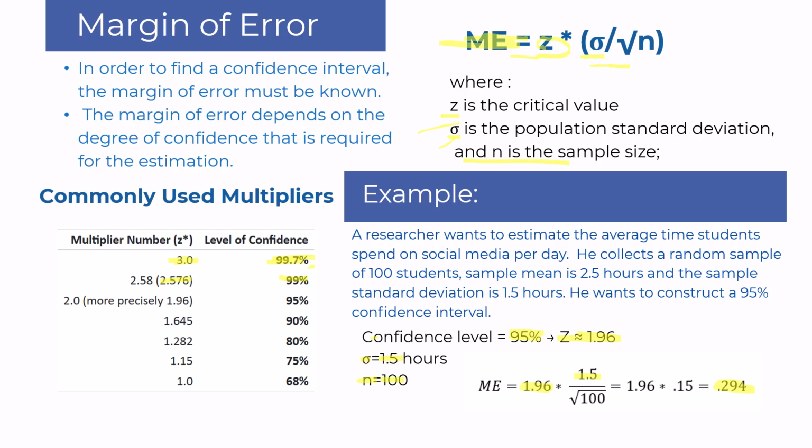So that's 0.15 times 1.96. Okay, it's 0.294. So that's how you compute for the margin of error.